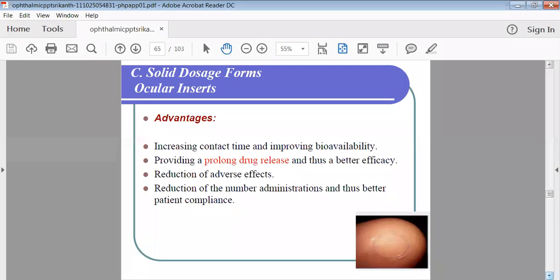Another advantage is the reduction in the number of administrations and thus better patient compliance. As I have already told you, there is no need to administer doses frequently. Once you have inserted the insert, it will automatically release the drug. So these are the advantages of solid dosage forms.